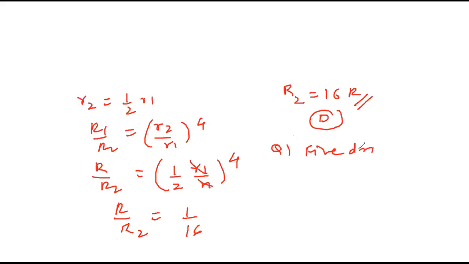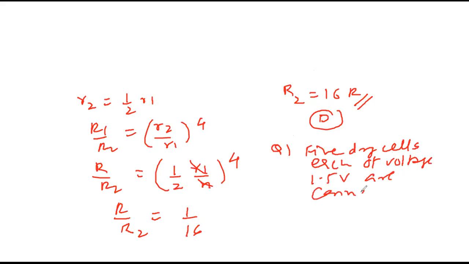Five dry cells, each of voltage 1.5 volt, are connected as shown.